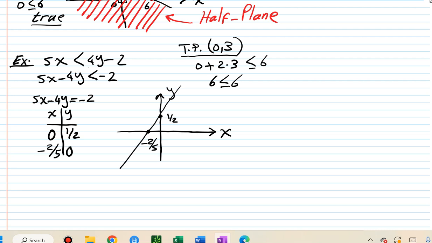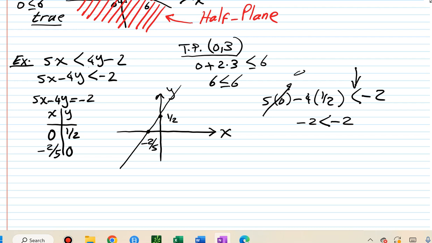Now, if I plug these points back in, for example, (0, -1/2), into my inequality, 5 times 0, minus 4 times negative 1/2, less than negative 2. See, now we're looking at the inequality. 5 times 0, of course, is 0. Negative 4 times a half is negative 2, less than negative 2. Now, what do you think?